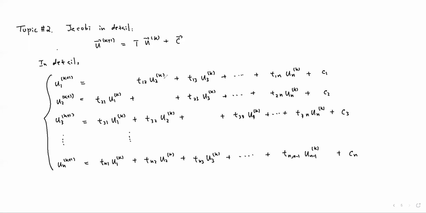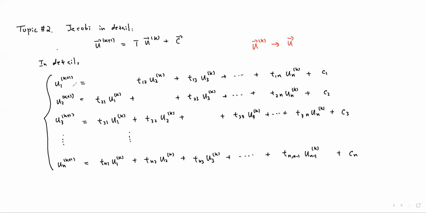Okay, take a look at these equations. How to improve the Jacobi method? Suppose the iterates converge to some U, and assume UK is getting closer and closer to U. Okay.